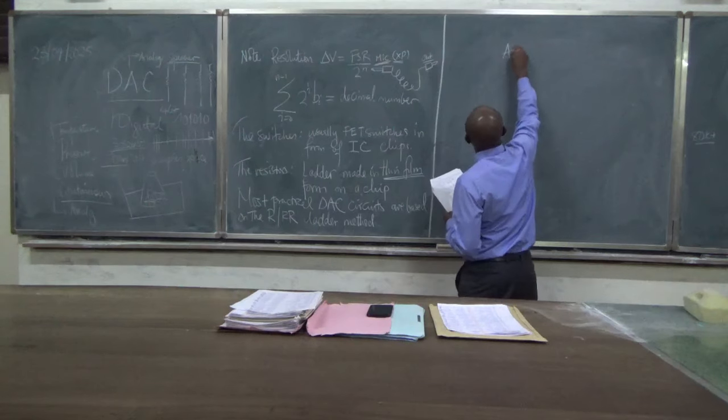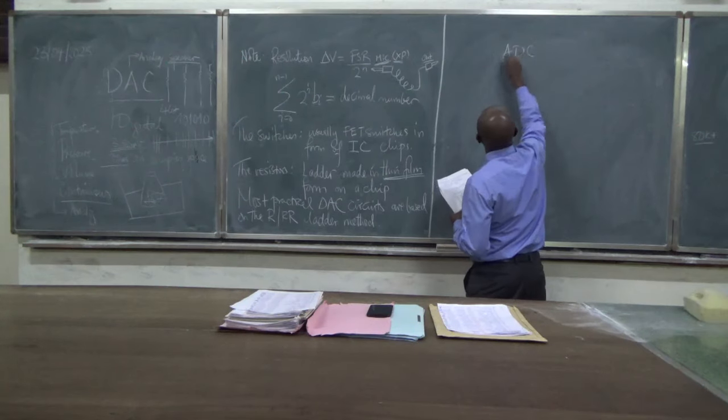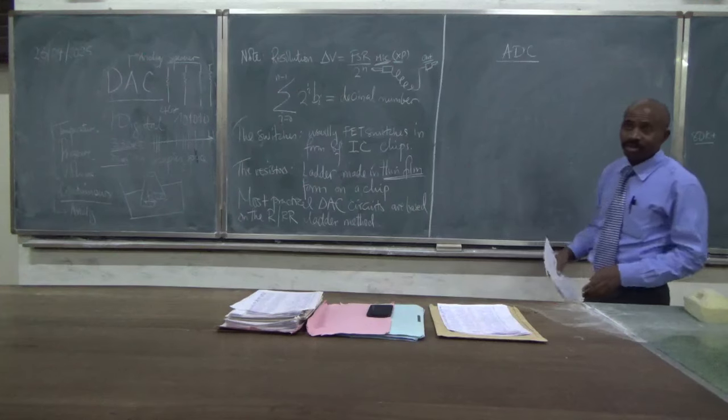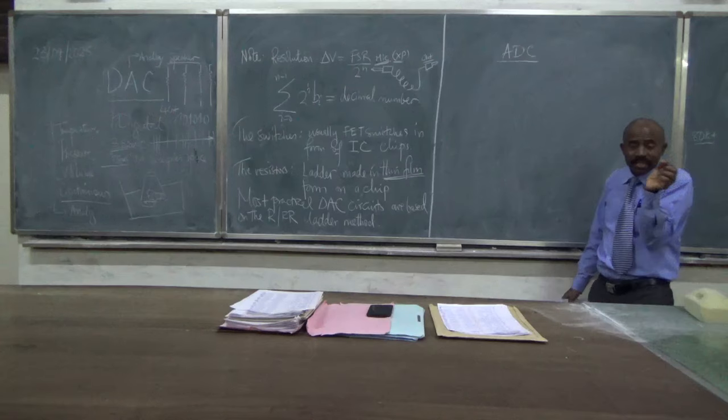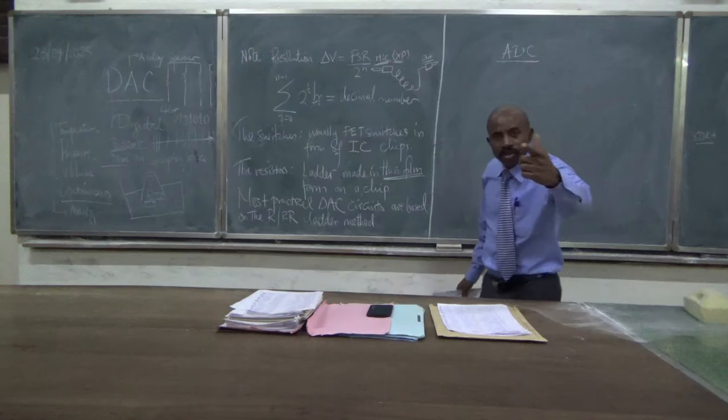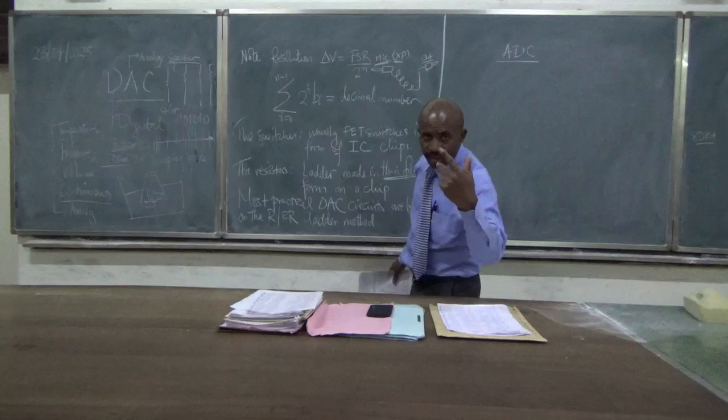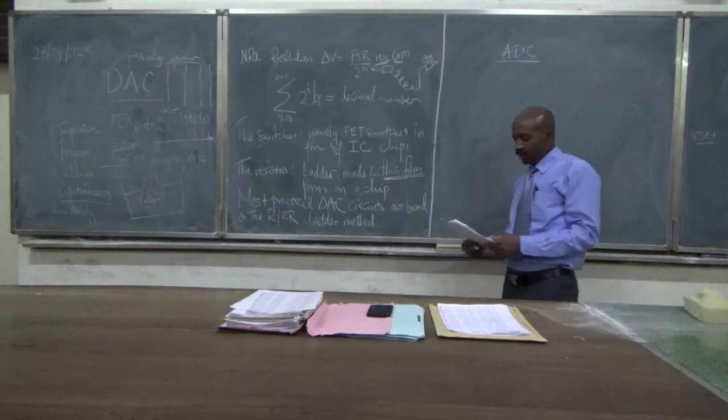So let's now go to analog to digital conversion. You see the hassle, you plug in, you have to adjust. So then how is my audio being turned into digital?